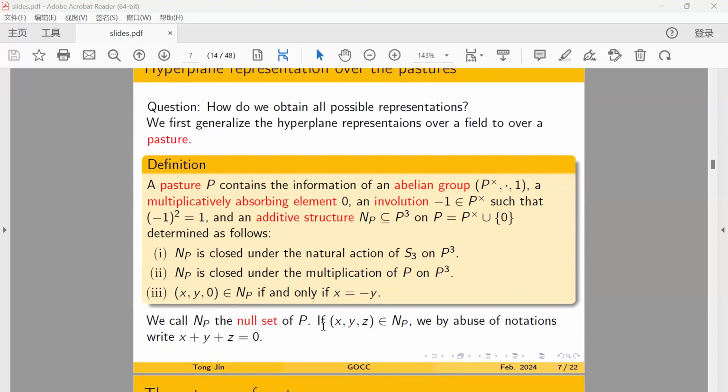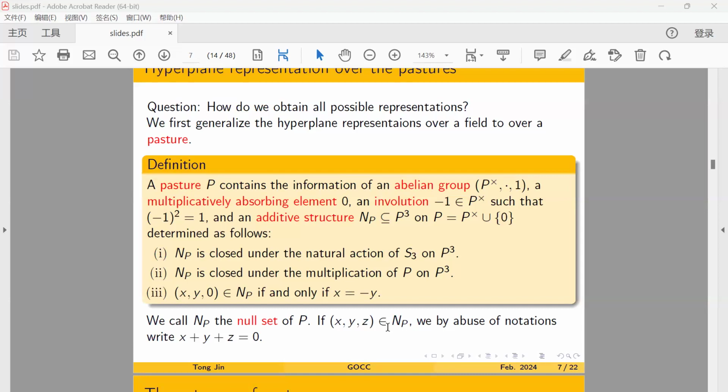And if we have (x, y, z) in N_P, we, by abuse of notation, write x plus y plus z equals 0. It is an abuse of notation because really we do not mean that x plus y plus z is equal to 0 as an element, but we mean that x plus y plus z is a null expression.